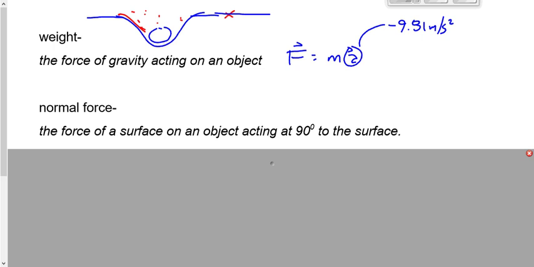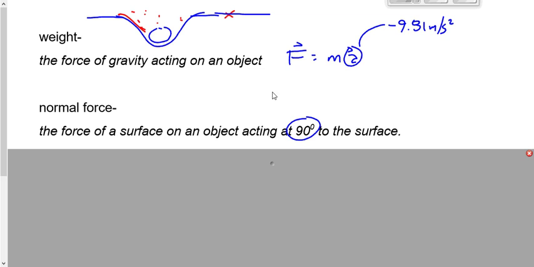When I jump out of the airplane, I feel weightless. My force of gravity is 700 newtons. When I stand on the ground, my force of gravity is still 700 newtons. Now I feel 700, not because of the force of gravity, however, but because of the normal force of the ground pushing up on me. Now, this normal force, this force of the surface, always acts at 90 degrees to the surface.